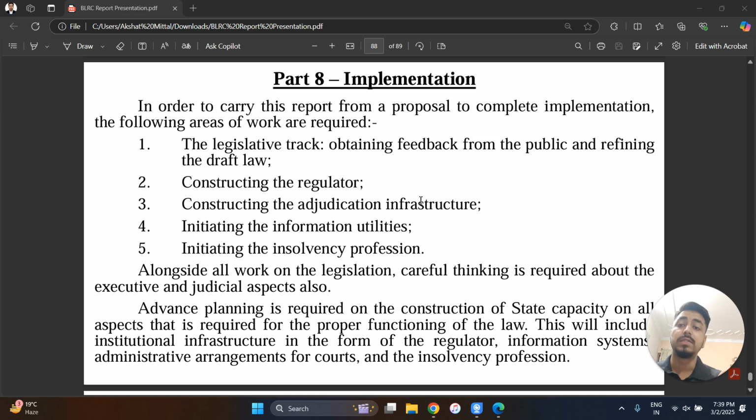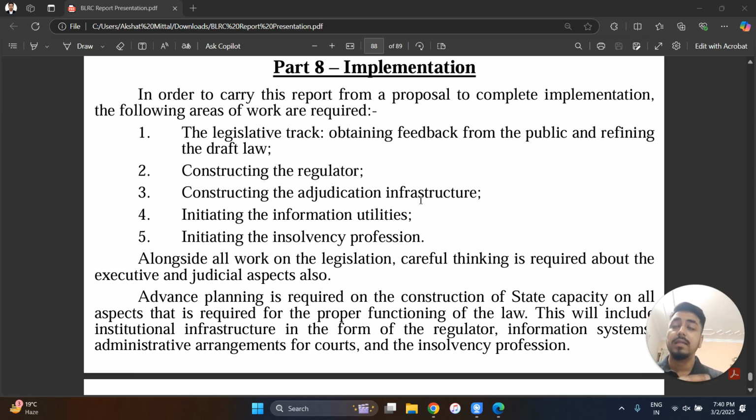The adjudication infrastructure in India has to be streamlined, has to be constructed in a manner, all the online filing systems, online video conferencing systems, and the start of the insolvency profession, wherein the insolvency professionals would come into picture and they start playing their role as contemplated by the BLRC in the IBC. So in this part 8, the BLRC has laid down some points on how to implement this law in a better manner.